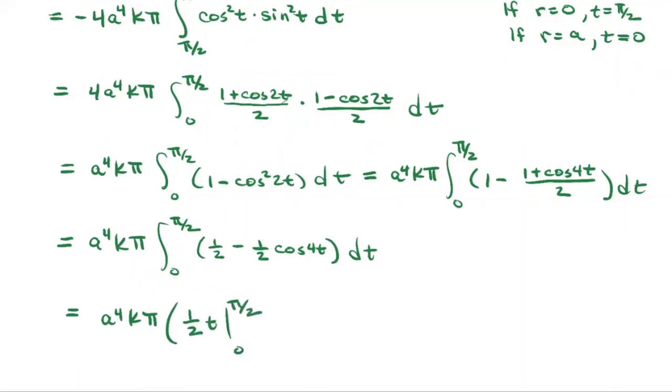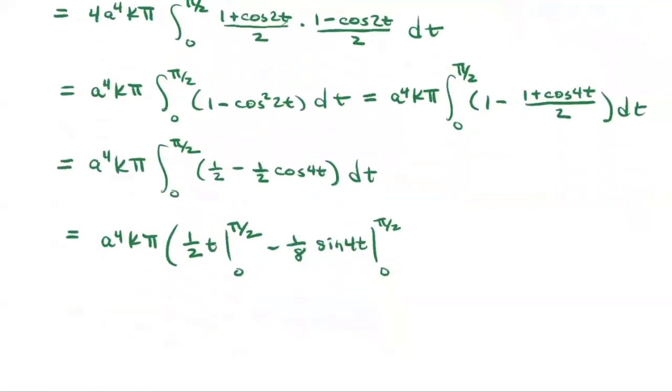And then minus an 1/8 sine 4t, where t goes from 0 to pi over 2, and that's going to come out 0. Sine of 0 and sine of 4 pi over 2, that's sine of 2 pi. So that whole thing is just going to be 0.